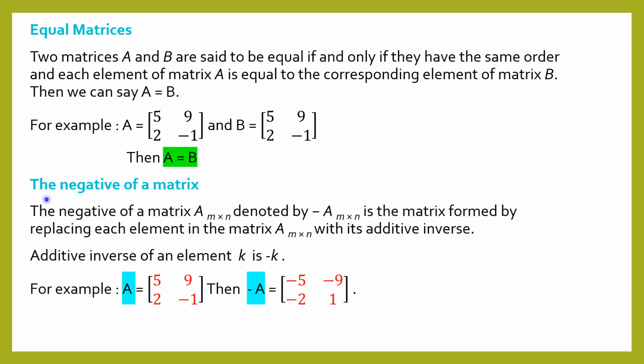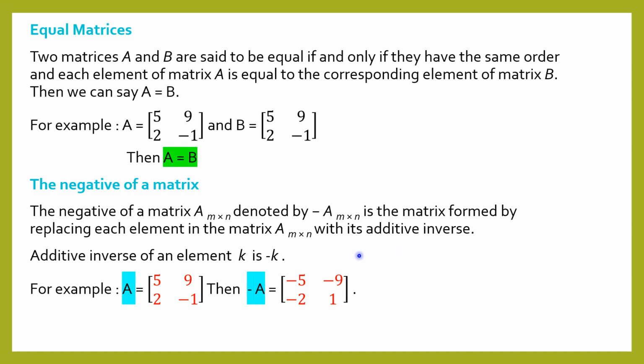The next one is the negative of a matrix. The negative of a matrix A of order m cross n, denoted by minus A with the same order m cross n, is the matrix formed by replacing each element in the matrix A with its additive inverse.